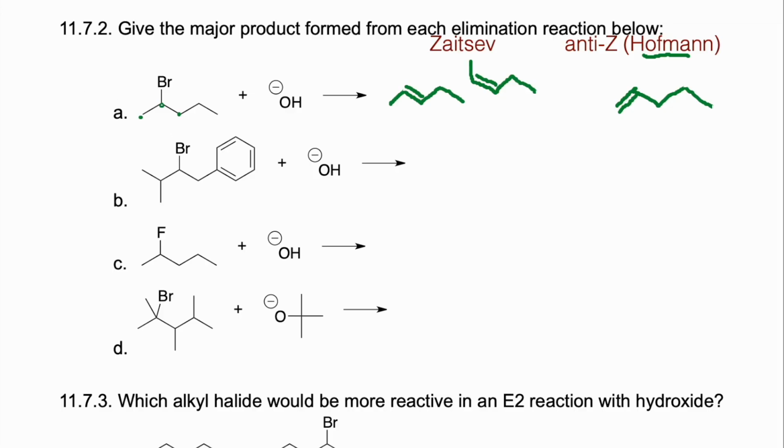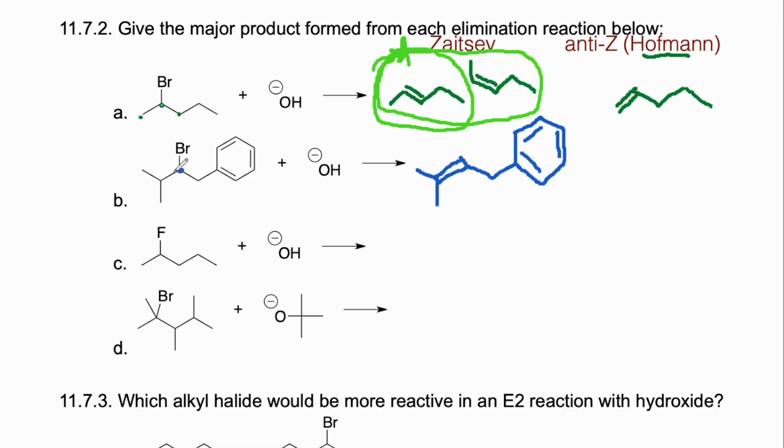There's nothing in the exceptions column that applies to this case, so we would get the more substituted product here, and probably the even more stable of the two would be the E configuration. So this one would probably be the major product, maybe a little bit of the Z product, and the anti-Zaitsev would be a very minor contributor if we found any at all.